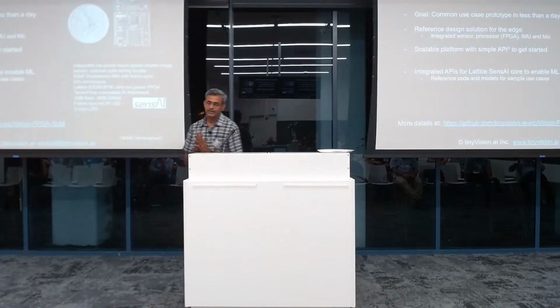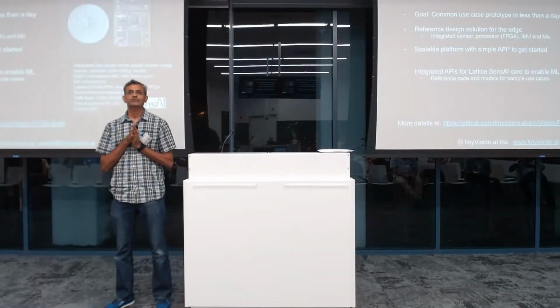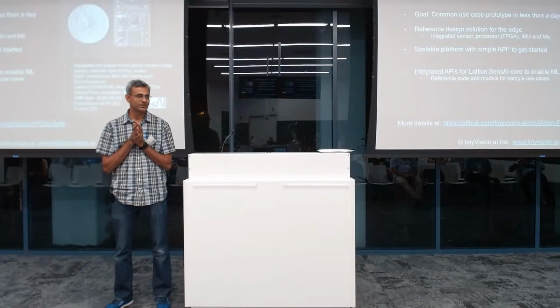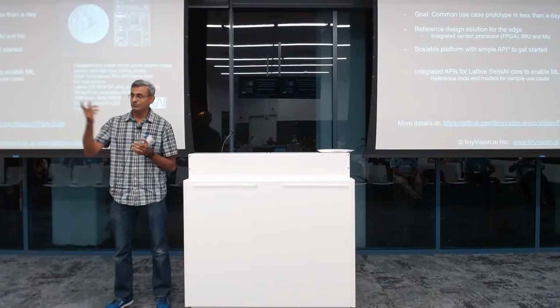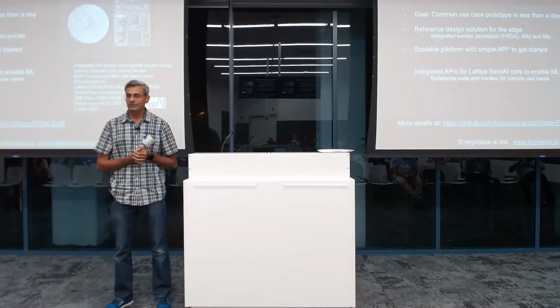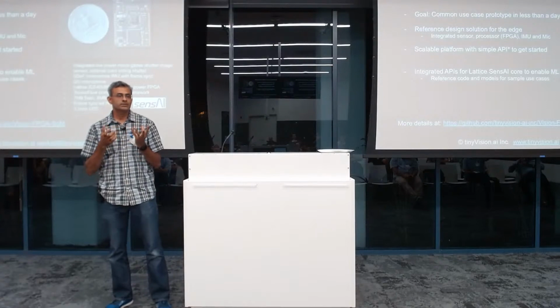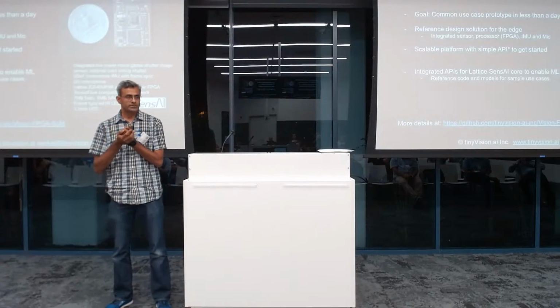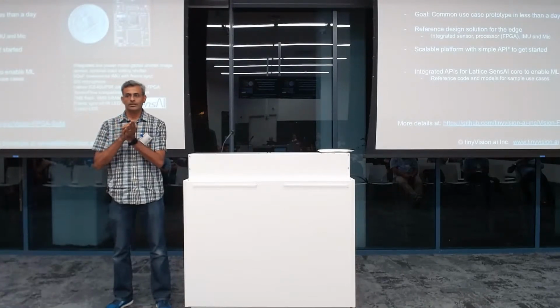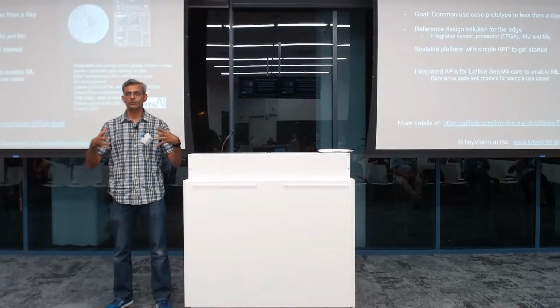So what I did is I went off and said, hey, this is an interesting problem to solve. And I put together this little board. I have some samples in the back if you want to come look at them. What it does is integrate a low power vision sensor, a low power FPGA, a microphone, and an IMU, and all of the surrounding stuff required for it.